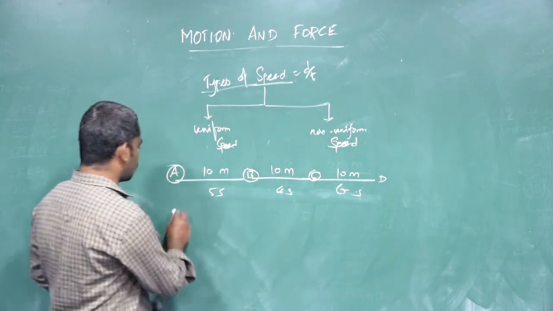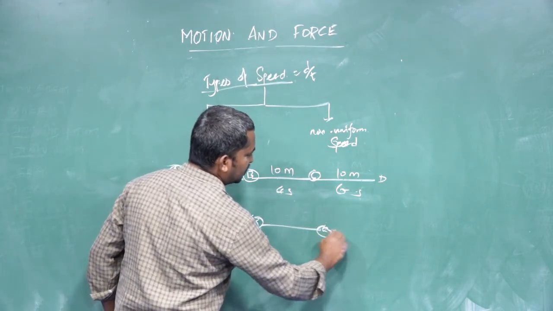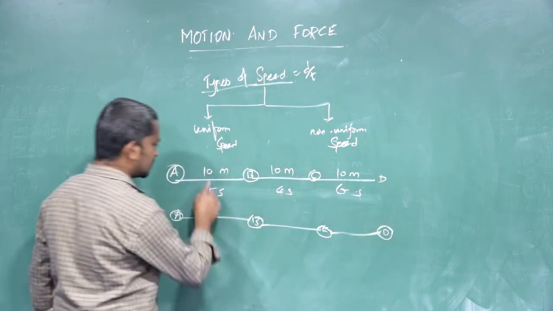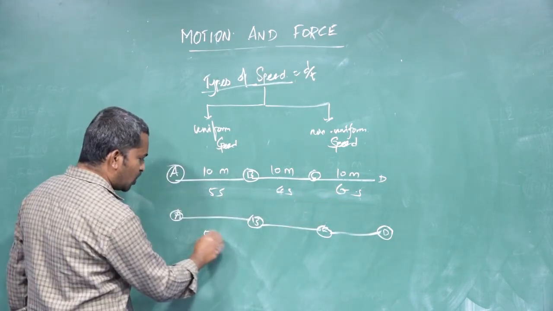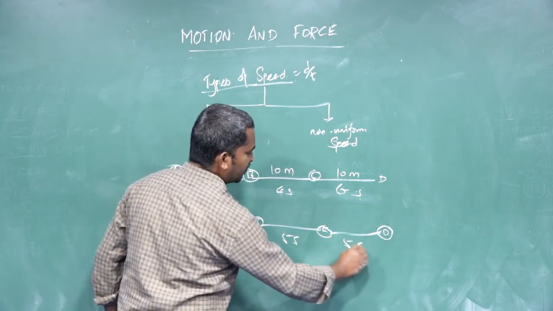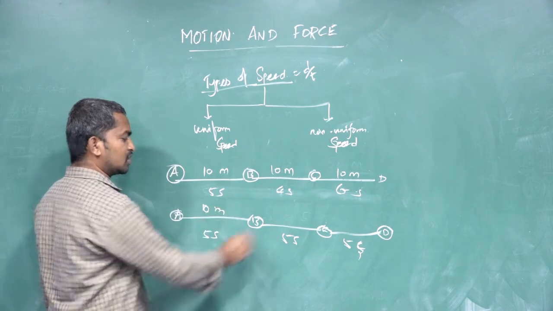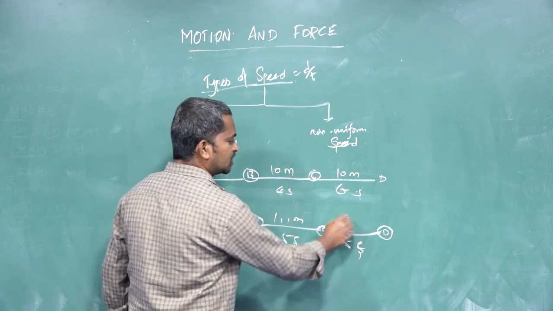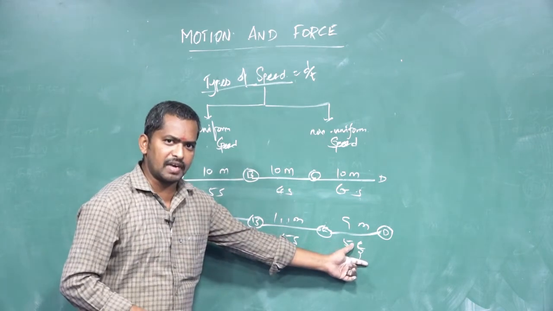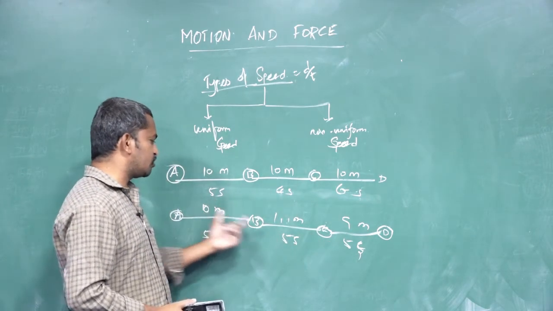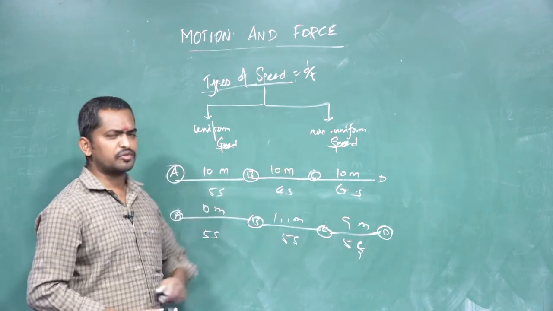Another case is A to B, B to C, C to D with equal time, 5 seconds each. The first distance is 5 meters, the second is 11 meters, and the third is 9 meters. So the time interval is the same, but the distance covered from A to B, B to C, and C to D is unequal. This is non-uniform speed.